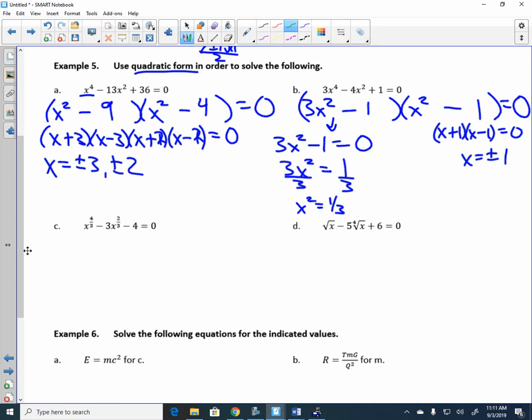Now I could square root both sides. x is plus or minus the square root of 1, which is just 1, over the square root of 3. Can you leave the square root of 3 in the denominator? No. So x is plus or minus, multiply top and bottom by the root of 3, you get root 3 over 3. So those are your 4 solutions.